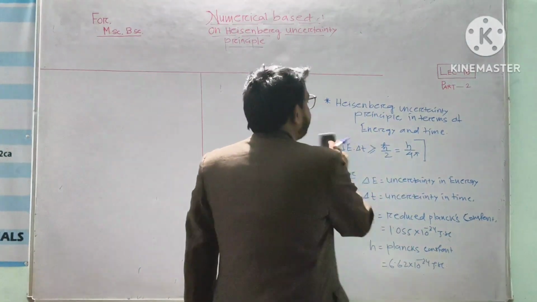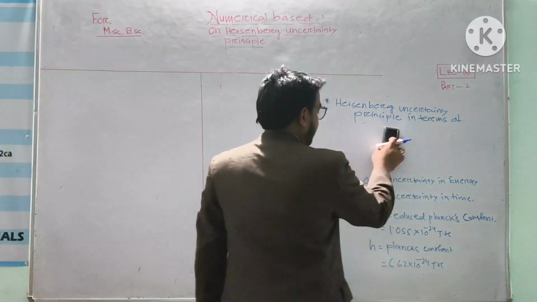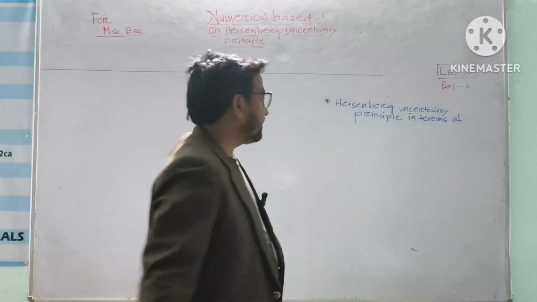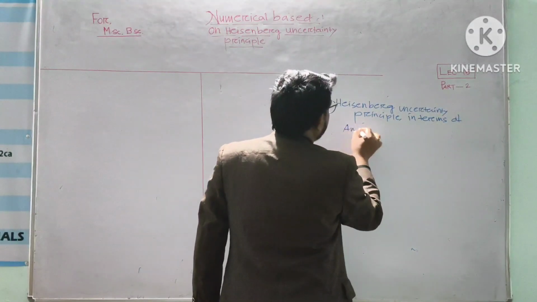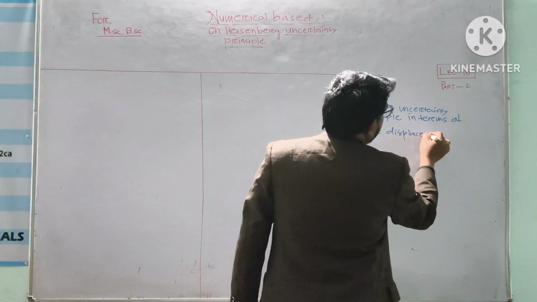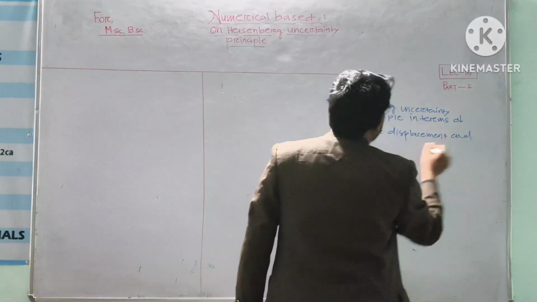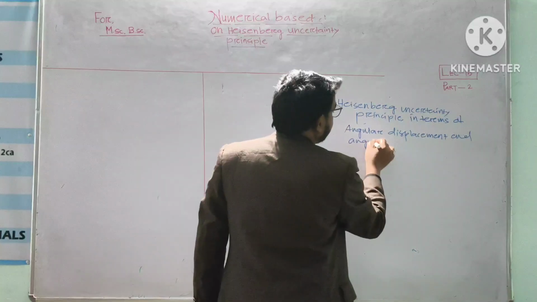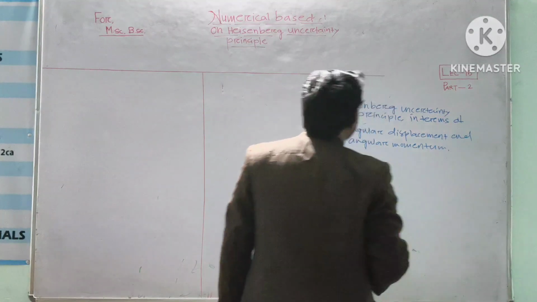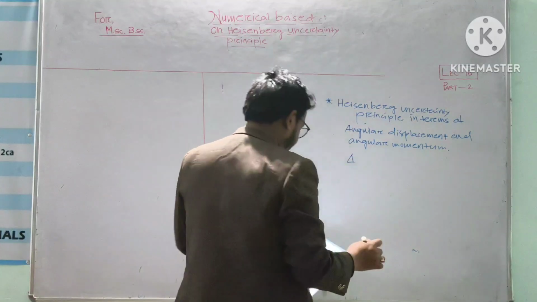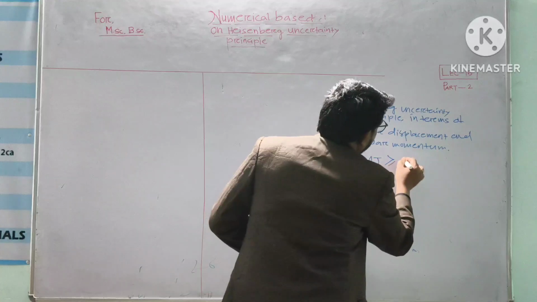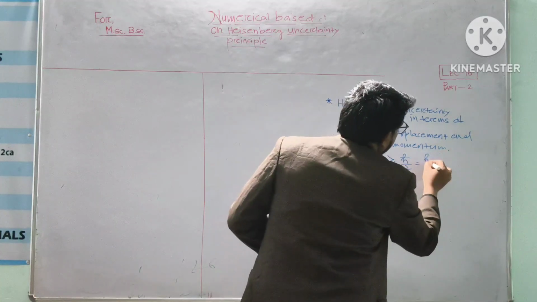Now, the Heisenberg uncertainty principle in terms of angular displacement and angular momentum: delta theta into delta j greater than or equal to h cross by 2, equal to h by 4 pi.